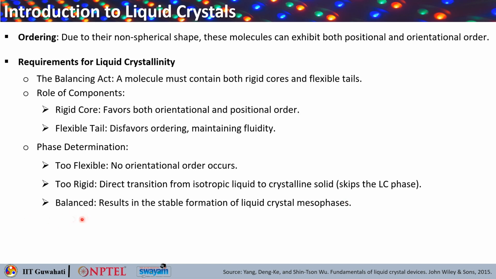What is important is a balance between ordering and disordering, so that you can get a stable formation of the liquid crystal mesophase, that is a state of matter which is in between crystalline solid and isotropic liquids.